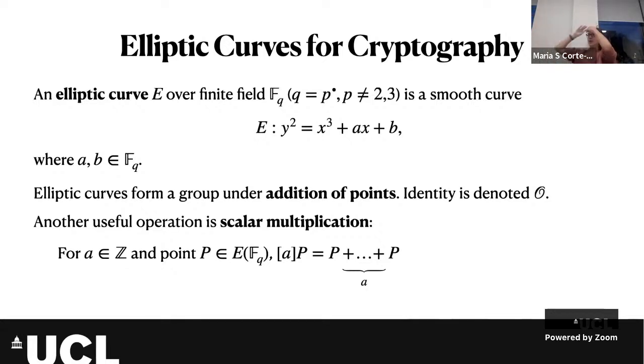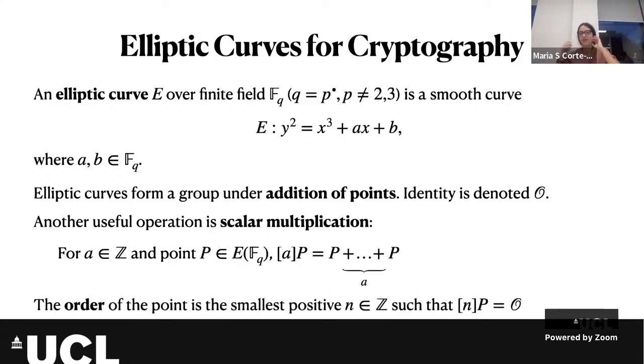If your scalar is negative, then rather than adding, you'll just subtract the point that many times. And then this allows us to define the notion of the order of your point, which is the smallest scalar such that multiplying your point by that scalar will give you the identity.